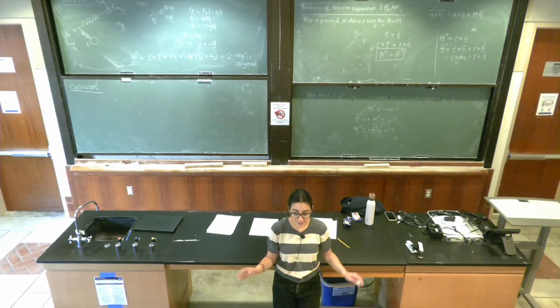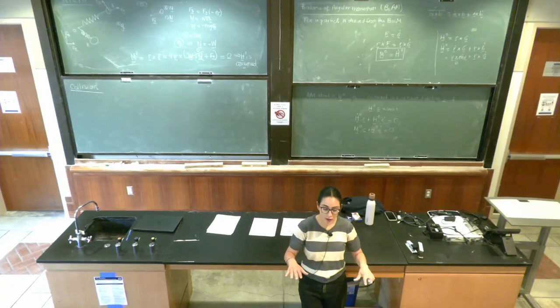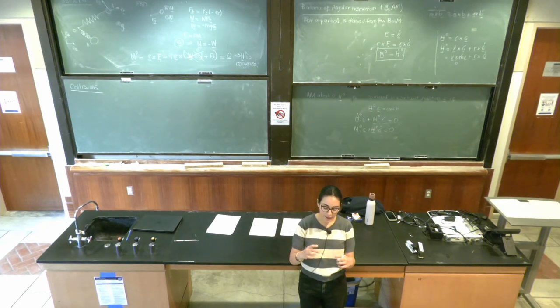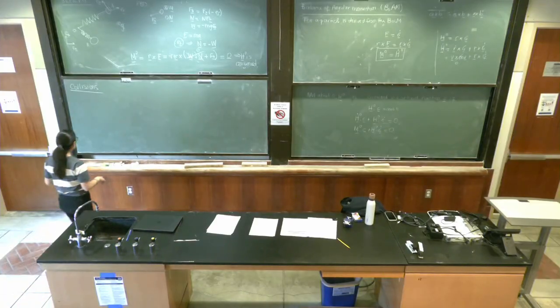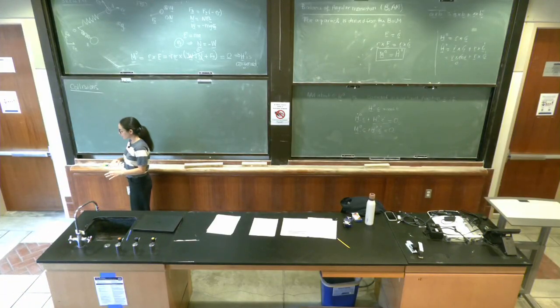So collisions is a difficult problem. What we're going to try to do is we're going to try to think of collisions as two particles that are colliding. Okay? So collisions.